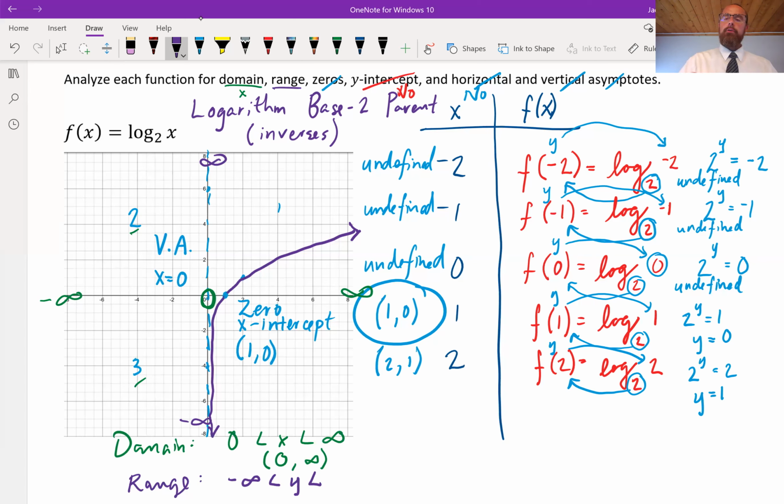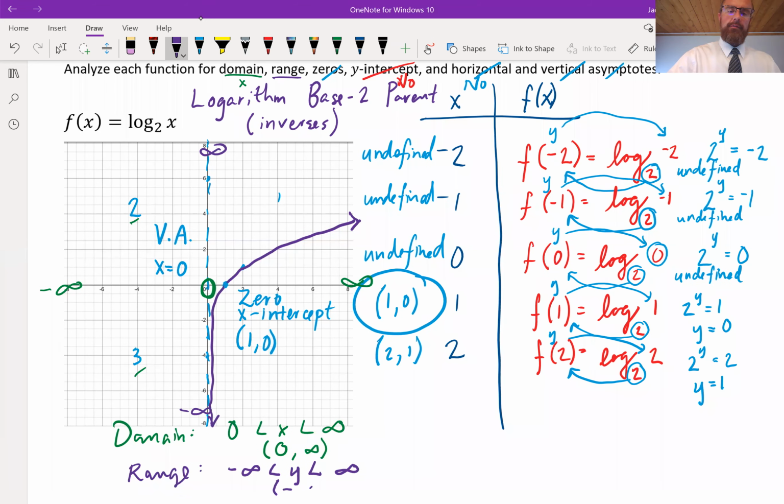So although the increase in the y is slower here than it is with the exponential function, it does still go to positive infinity. If we were to track it as x gets larger, it still rises. It never stops rising. And we could finalize that with our interval notation for negative infinity, comma, infinity.